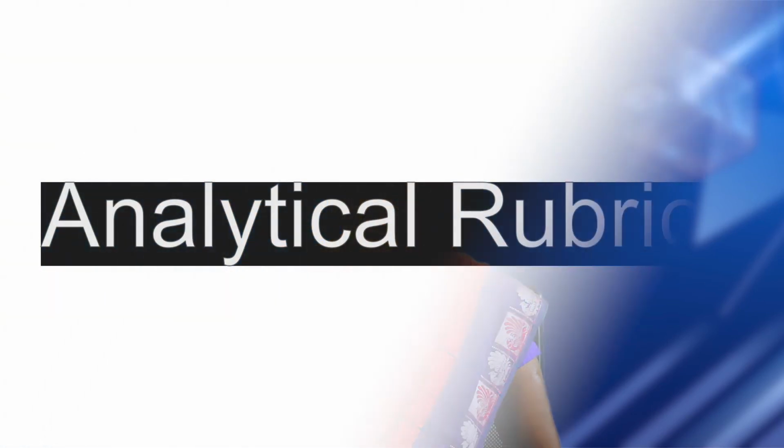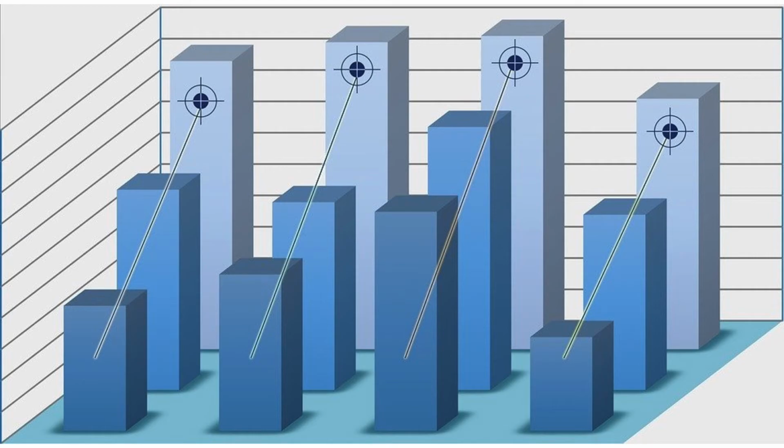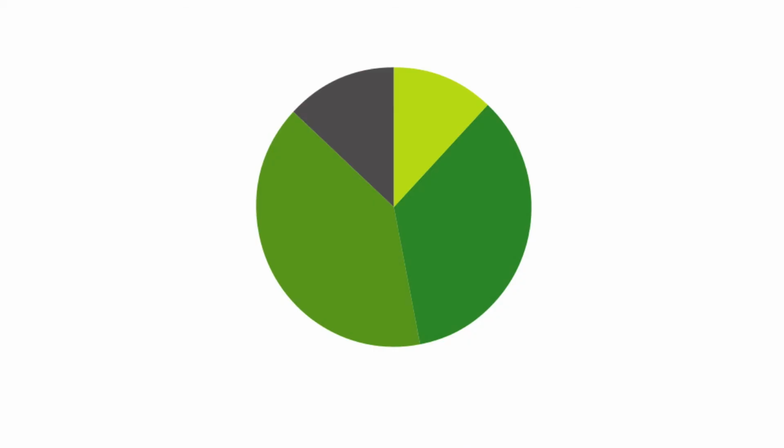The second type is analytic rubrics. An analytic rubric specifies various dimensions or components of the product or process that are evaluated separately.